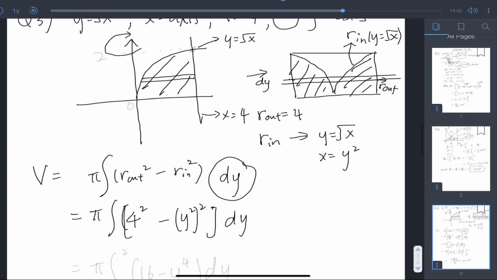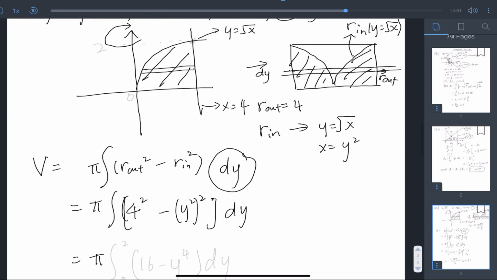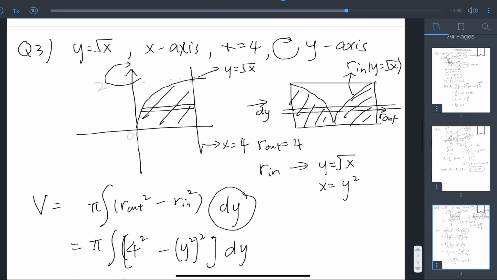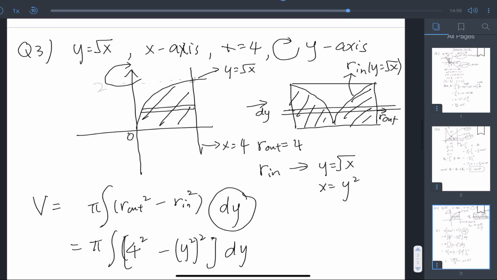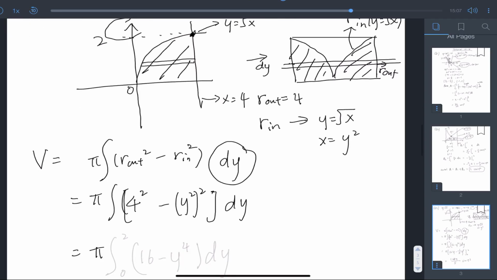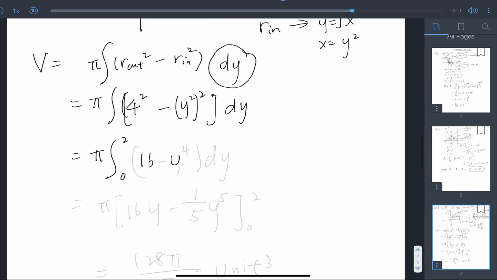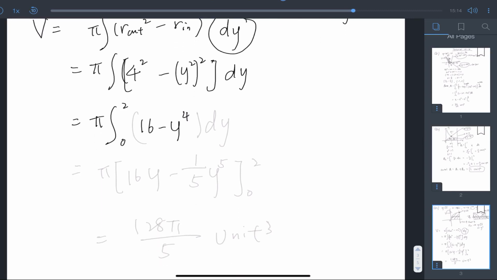Solving this integral will give you the solution of the volume. And don't forget, what is the range for dy? Find the intersection point here, and you get 2. So from 0 to 2, this is 16 minus y to the power of 4 dy.